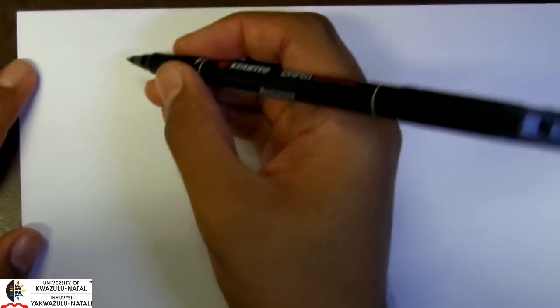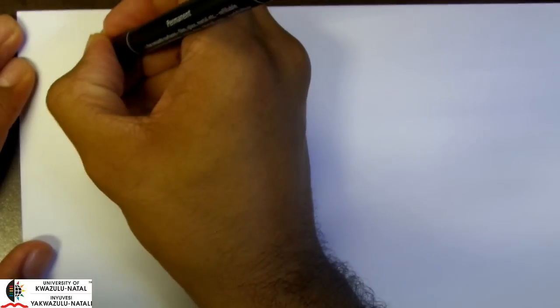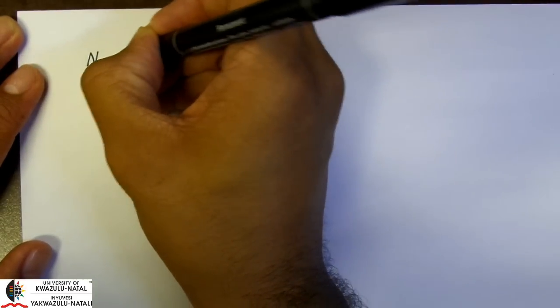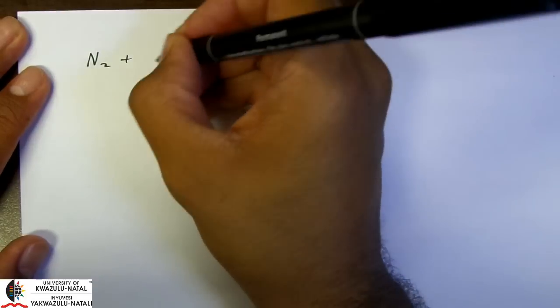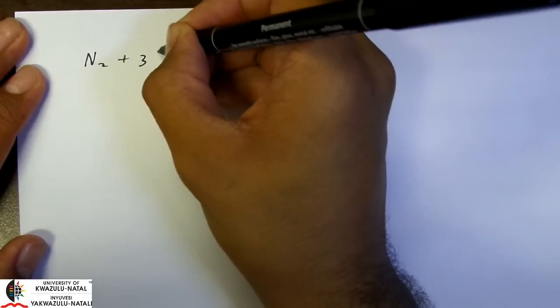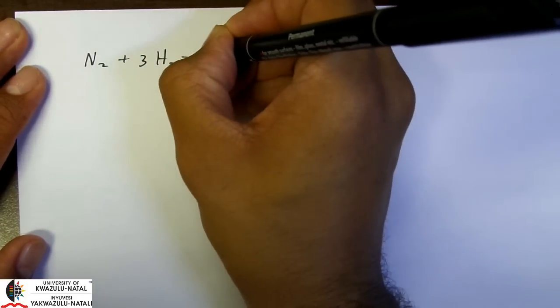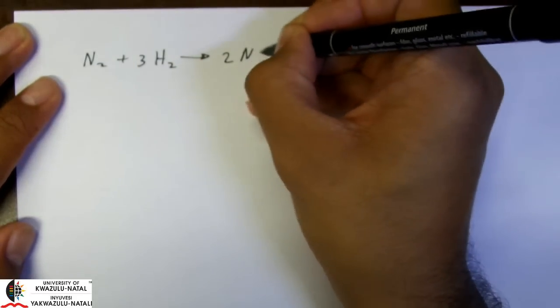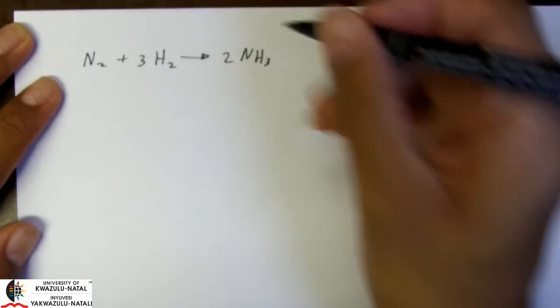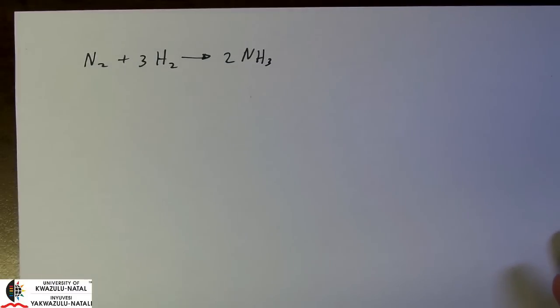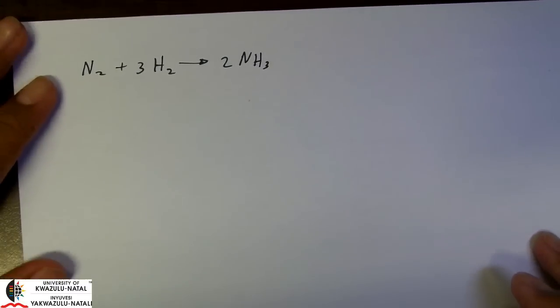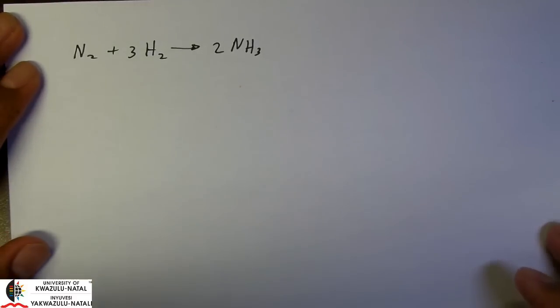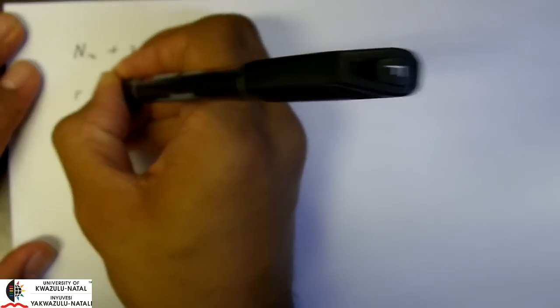Just to add some numbers to your understanding, let's consider a real reaction: the production of ammonia. We have nitrogen plus 3 moles of hydrogen producing 2 moles of ammonia. In such a case, we can express R as follows.